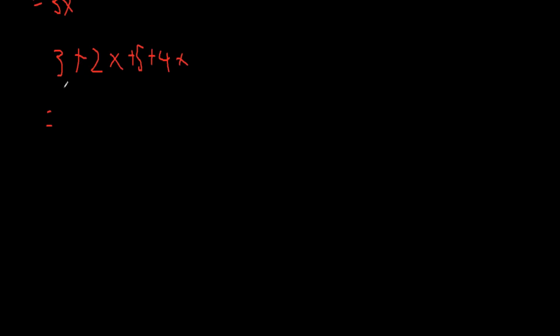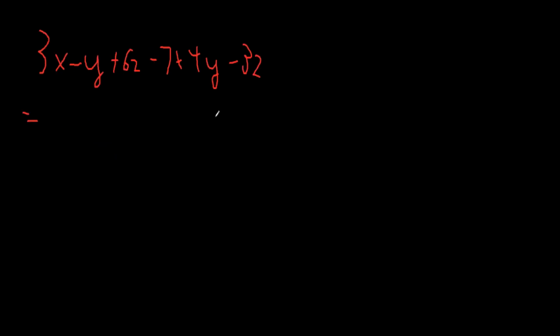So we have our like terms 3 and 5, and we have our like terms 2x and 4x, which have the same variable x. So we just collect our like terms. We combine the terms that are alike. So that gives us 3 plus 5, these terms are alike, and plus 2x plus 4x. So that gives us 8 plus, and we know that 2 plus 4 is 6, so that's 6x.